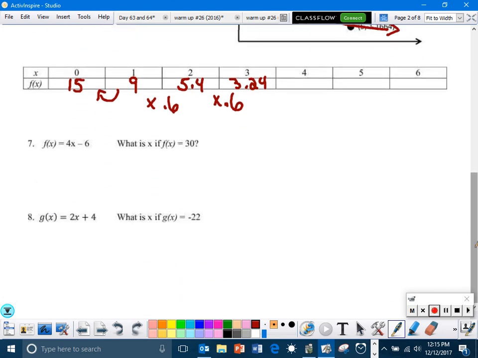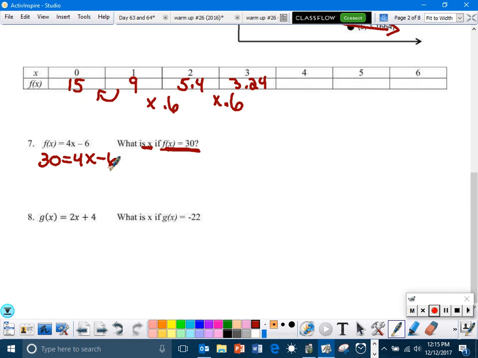All right, moving on. So we are given a function, f of x equals 4x minus 6. We want to find x if f of x is 30. Okay, be very careful. Don't mess up on this. So we're going to put the 30 in for f of x.